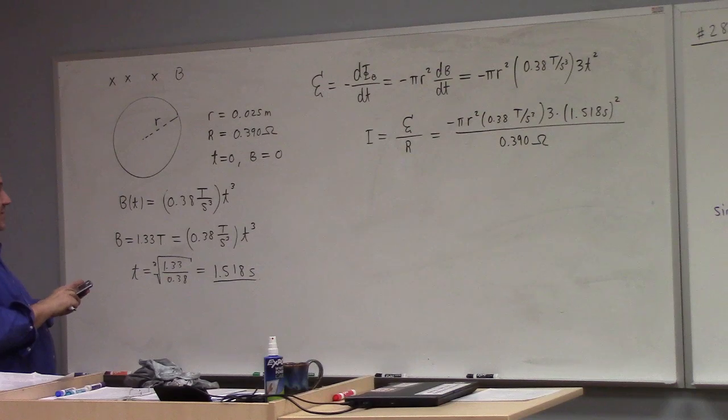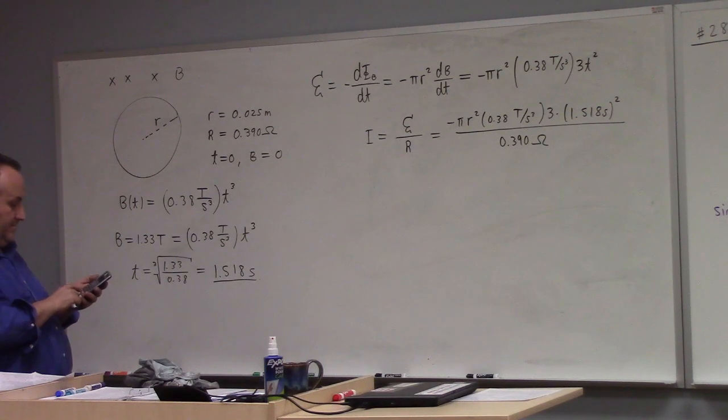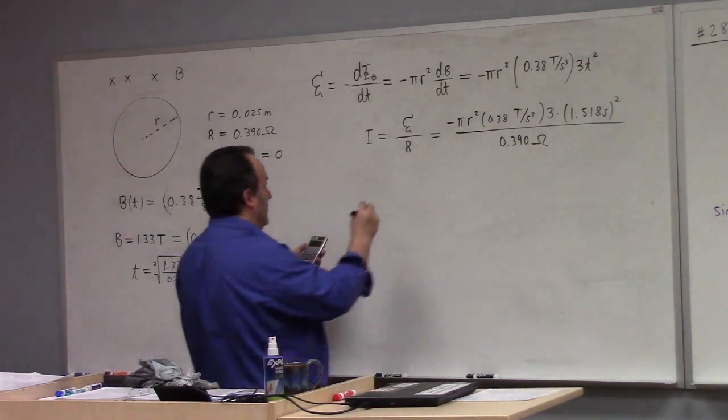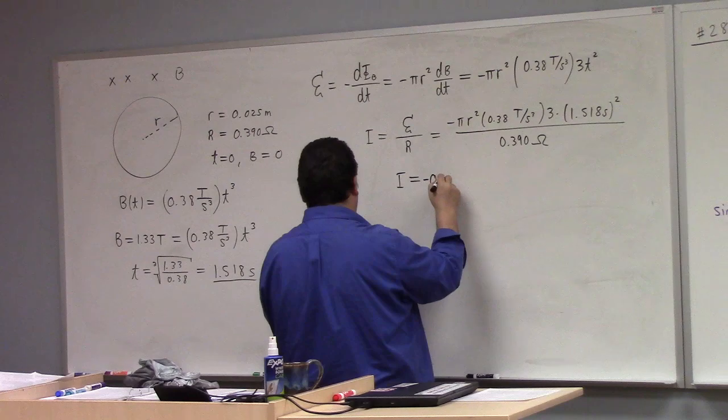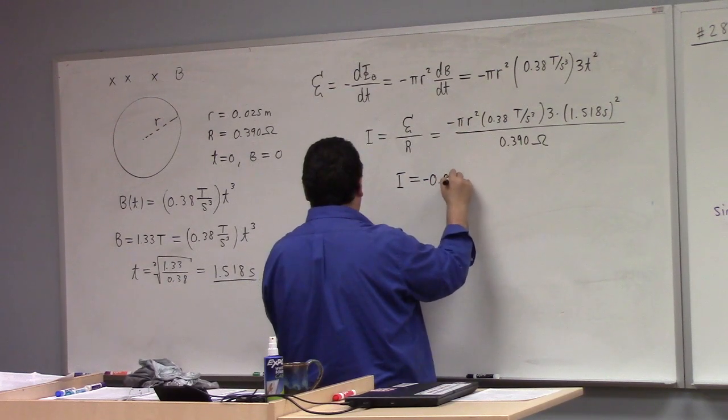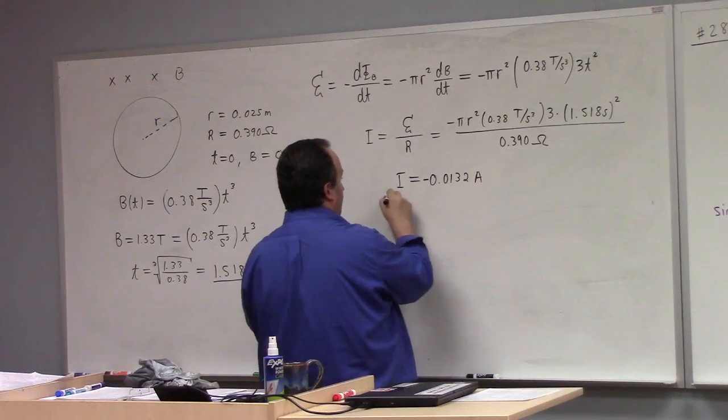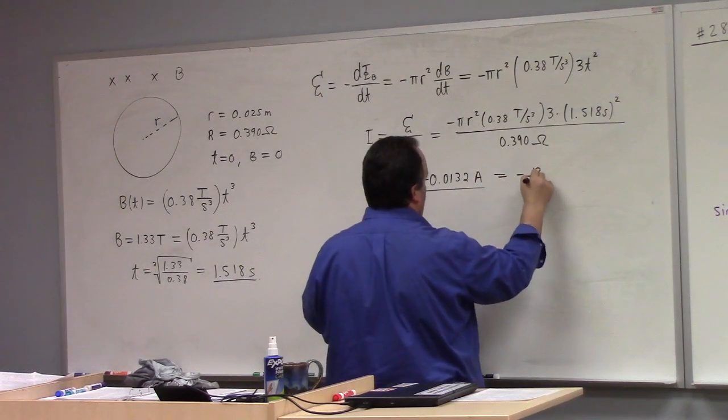Working it out: 0.025 squared times pi times 0.38 times 3 times 1.518 squared, divided by 0.39. I get a current of technically minus 0.0132 amps, or minus 13.2 milliamps.